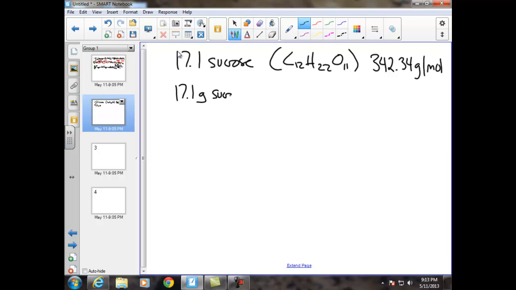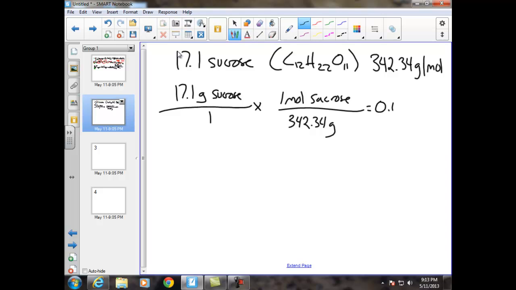Grams of sucrose, 1 mole sucrose, 342.34 grams. And I get 0.0500 moles of sucrose.